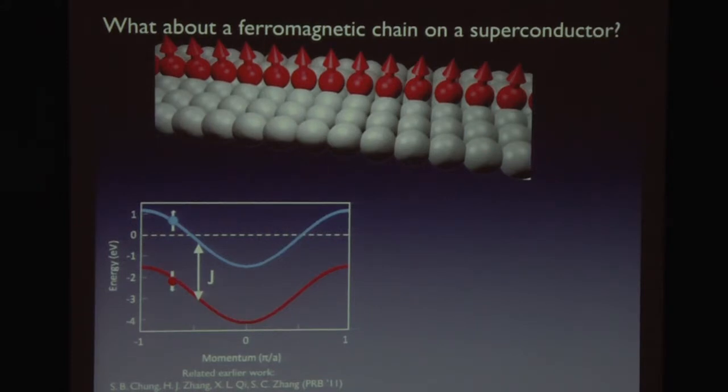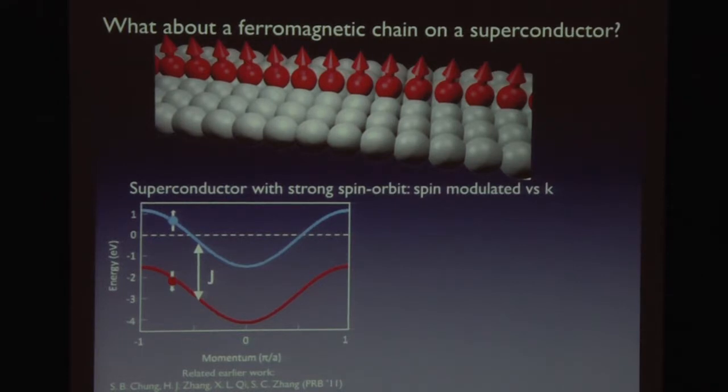But it turns out that if your superconductor has strong spin-orbit coupling, which means what? Let's say the atoms inside the superconductor are heavy. When an electron moves around the superconductor, as a function of its momentum, the spin of the electron depends on the momentum of the electron. The two are coupled together.